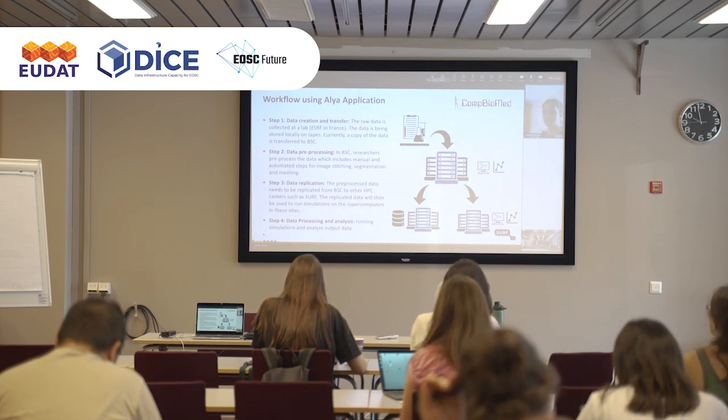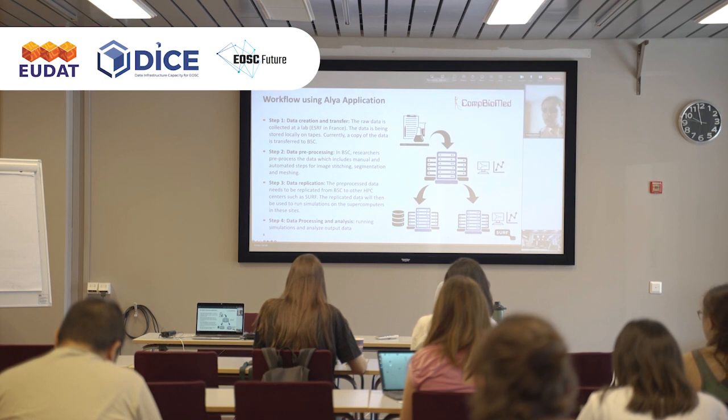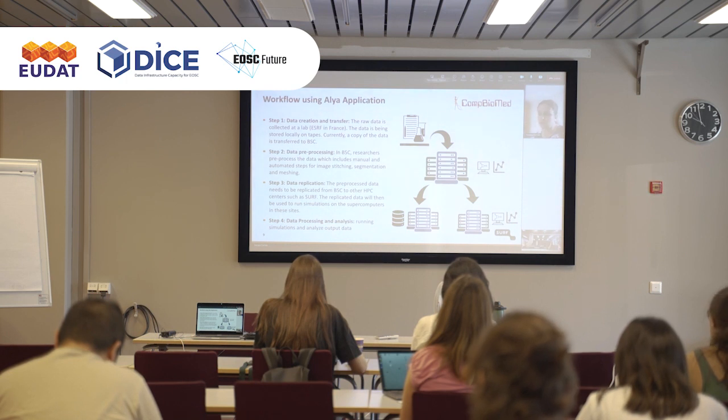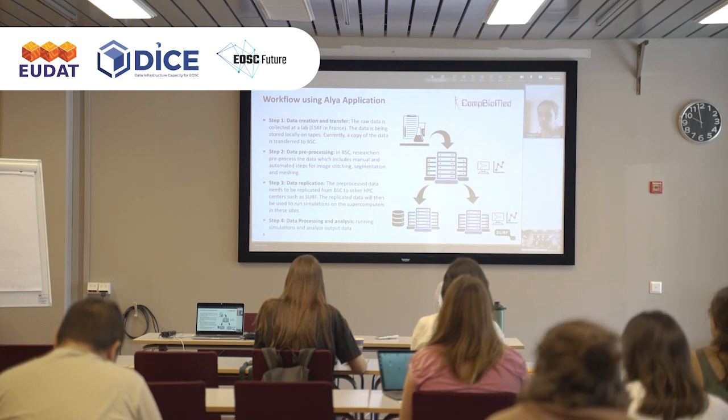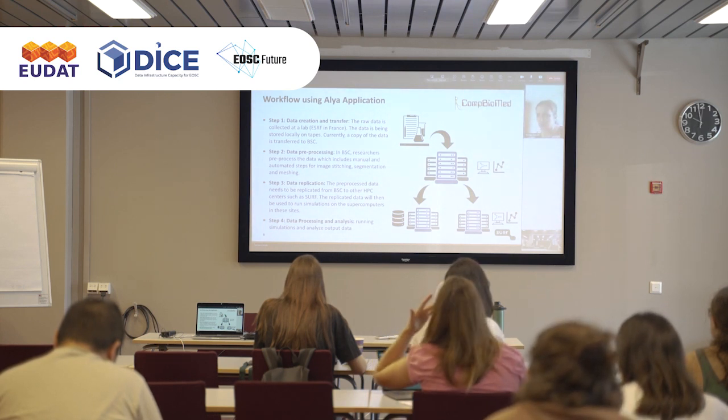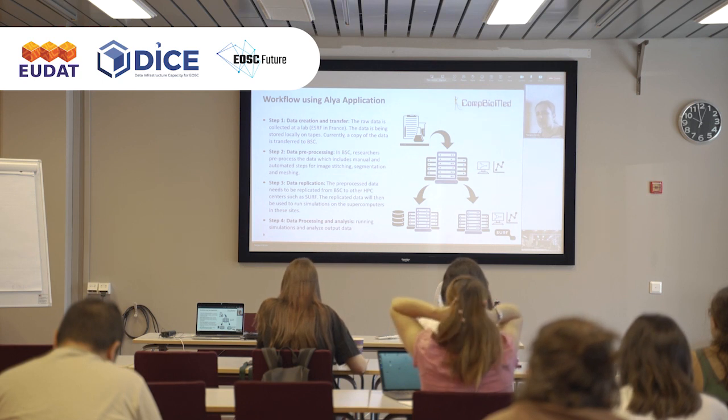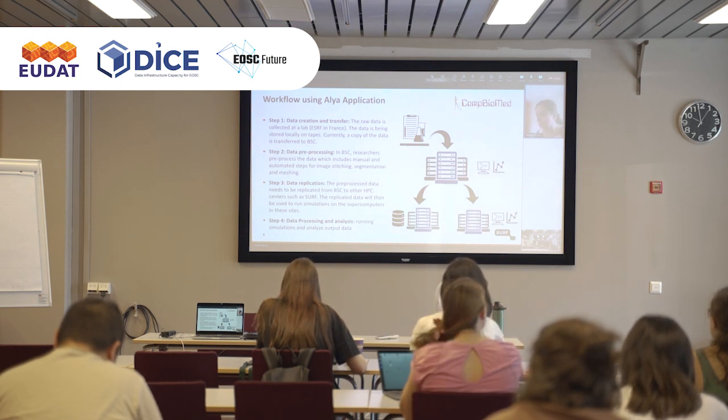And the replicated data will be used, as I said, to run simulations on the other sites. And also, if needed, this data could be saved there for long-term preservation. And then once the data is there, researchers can use it to analyze and do simulations.